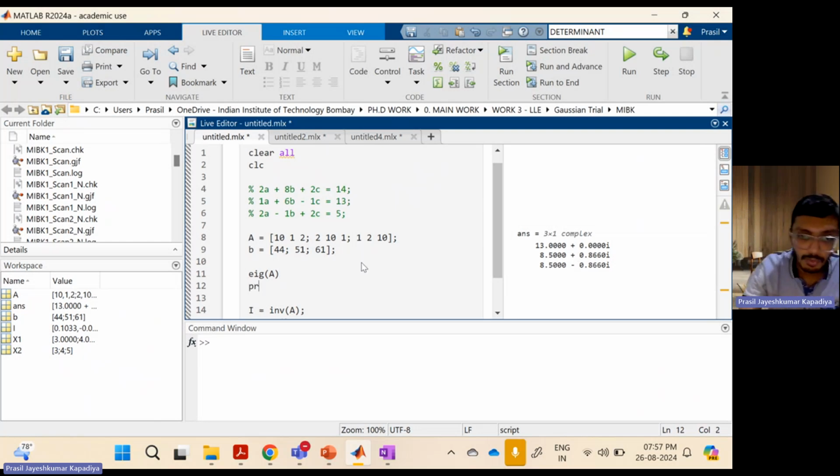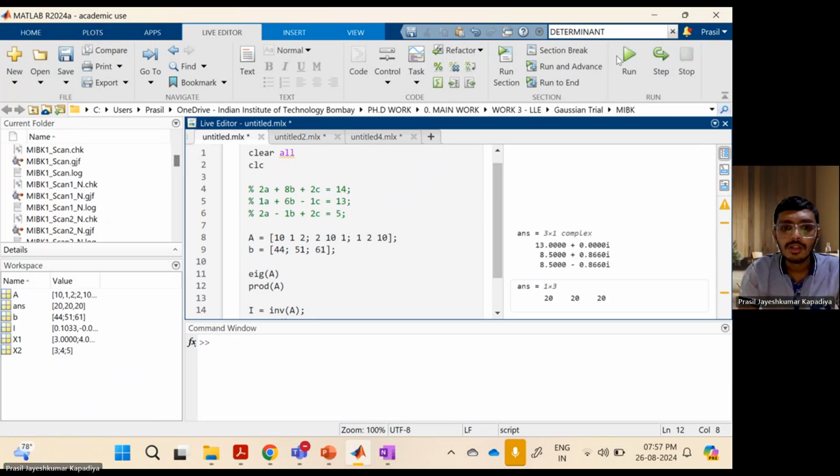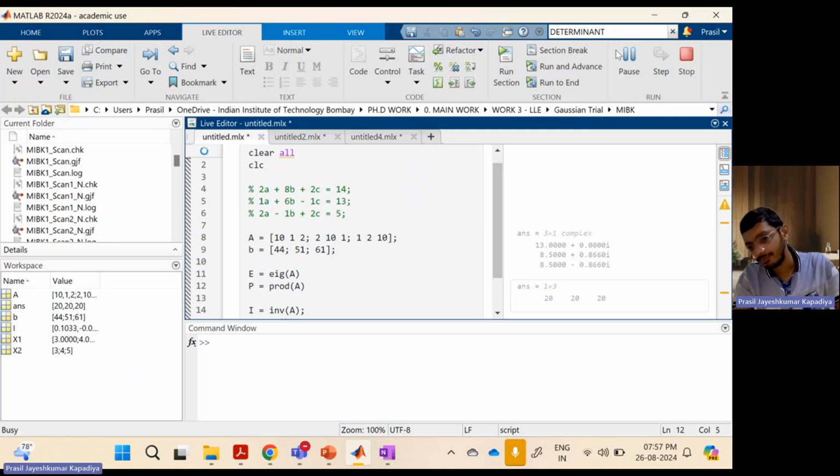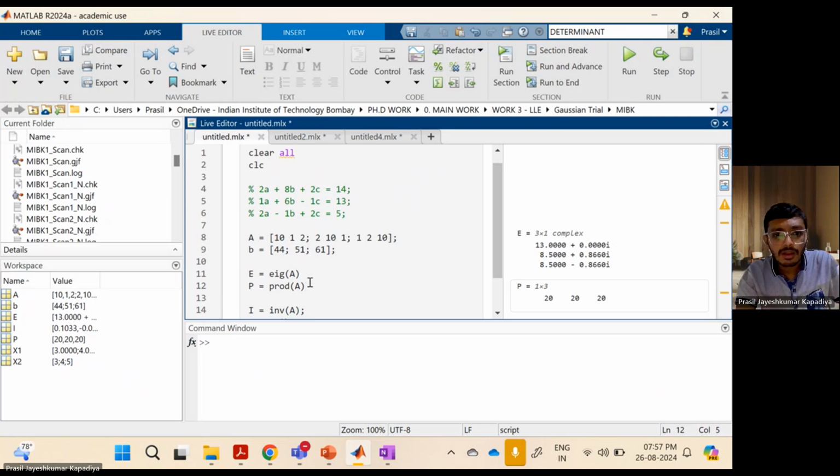Okay, and let's say I want to find the product of eigenvalues of A. Let's say I'm writing it here as EP, the eigenvalues product. I'm getting something like 9.49 times 10 raised to 2 plus minus 14i. So this is 0 only. So we are getting 949.